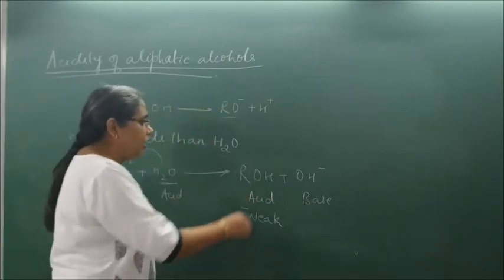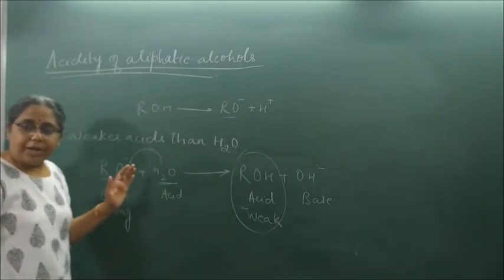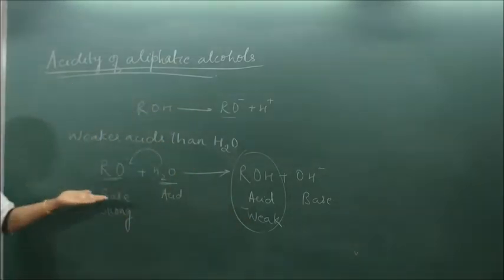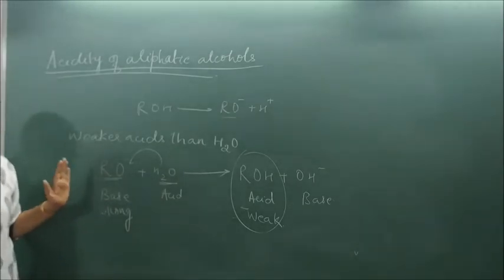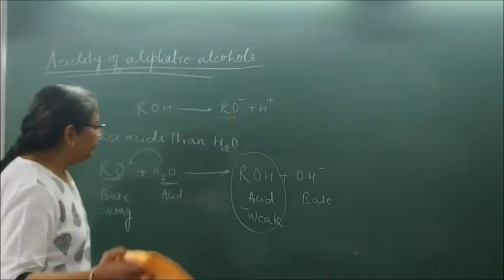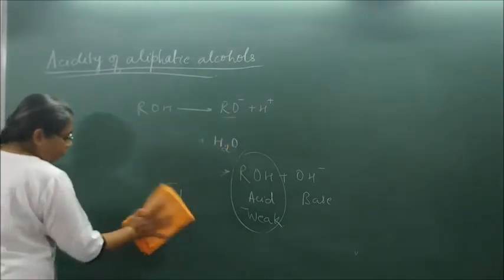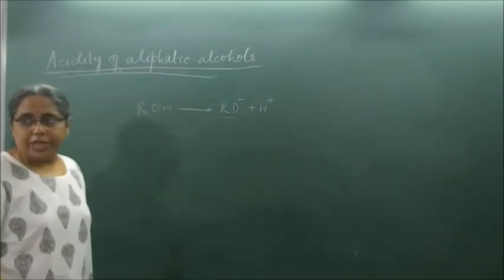So that is why ROH is a weaker acid when compared to water, as water gives proton very easily to the alkoxide ion, making it a stronger base. Understood till here? Now let us talk about the order of acidity of primary, secondary and tertiary alcohols.